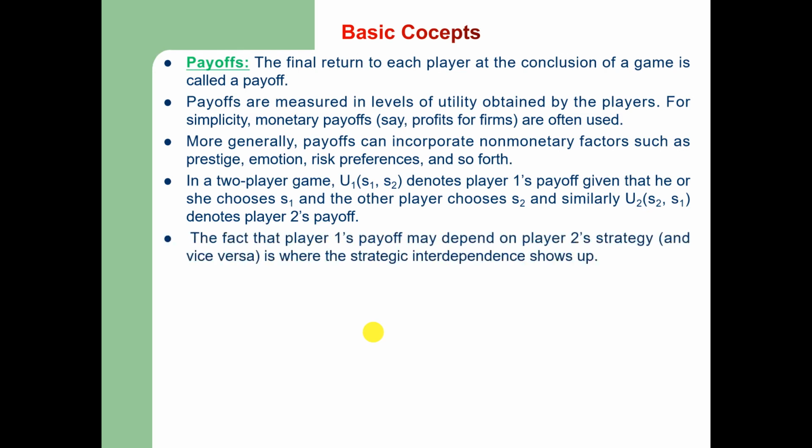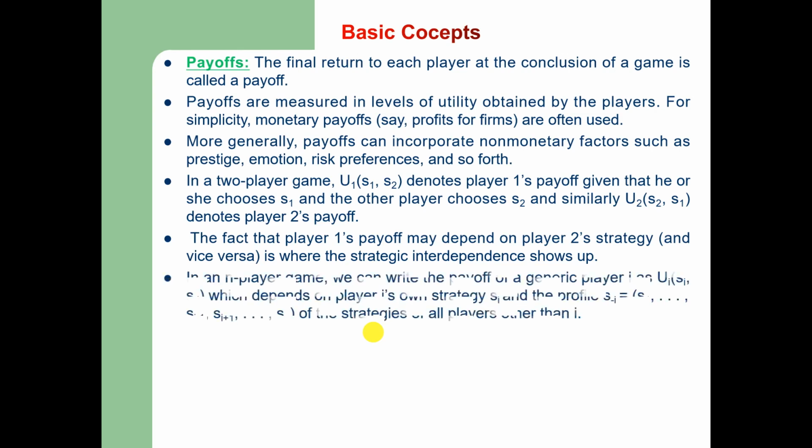The fact that player 1's payoff may depend on player 2's strategy and vice versa is where the strategic interdependence shows up, and that is why we have a game of strategy. So in game theory, this strategic interdependence is very important because it stems from the fact that each player's payoff depends on the other player's strategy, and this is where the strategic interdependence between players comes to the surface.